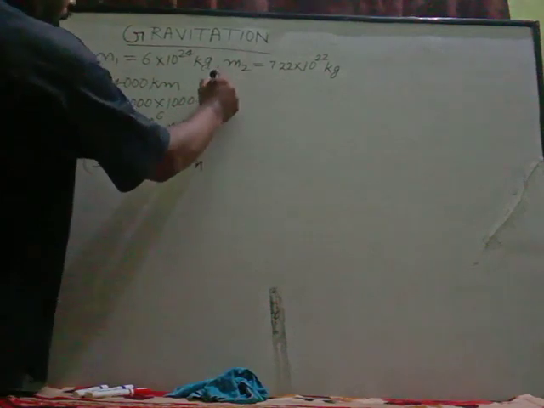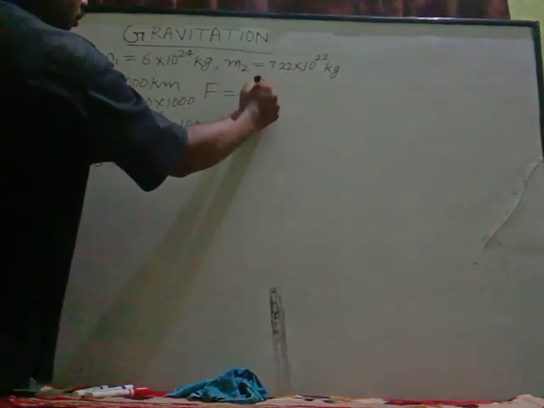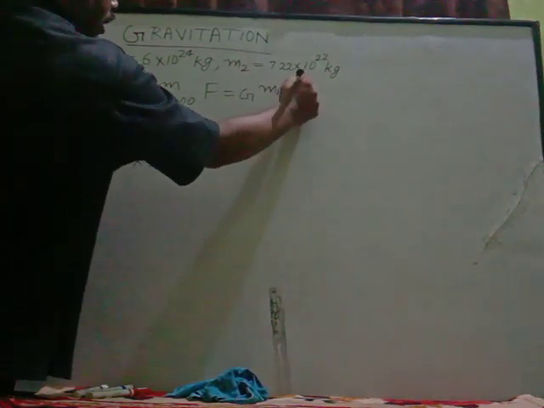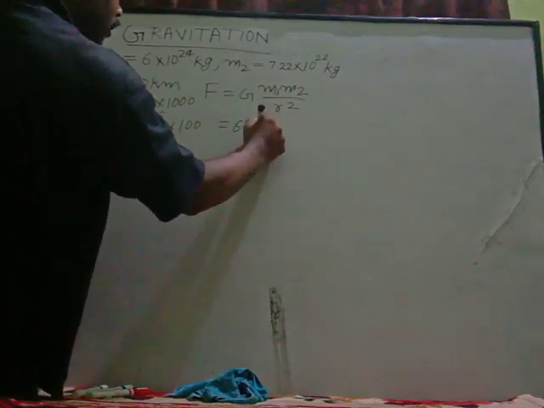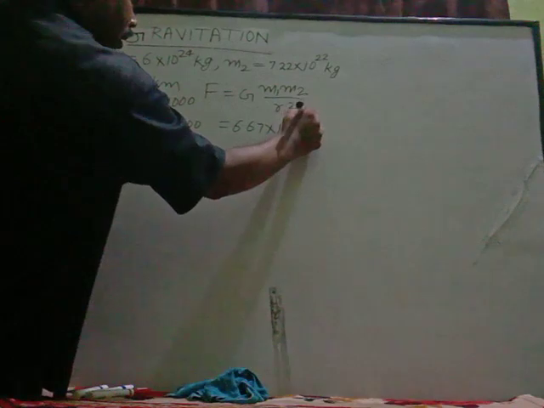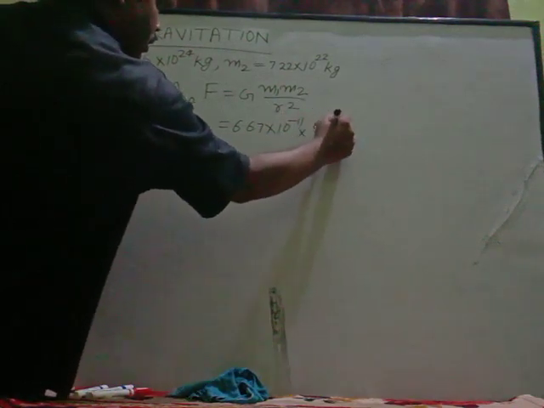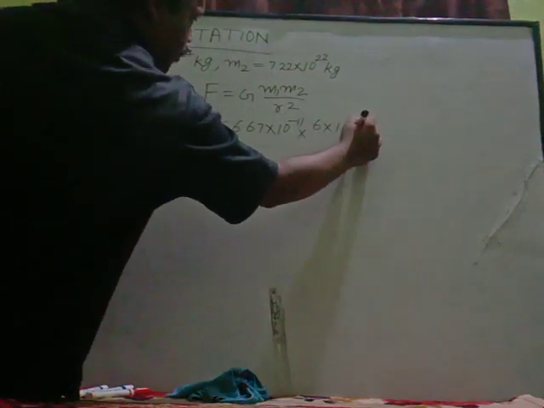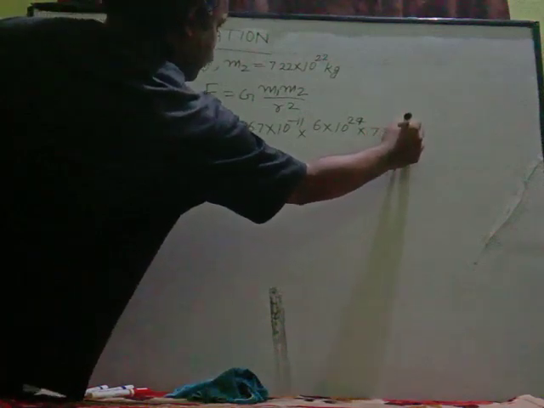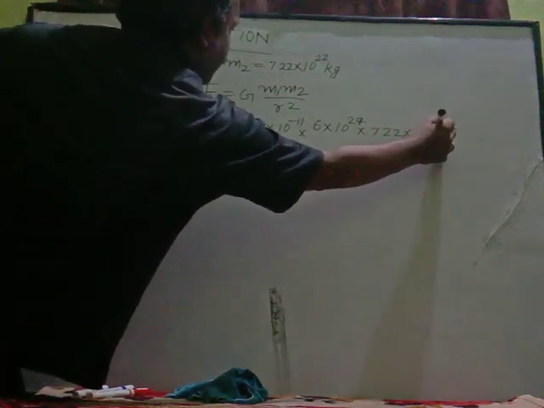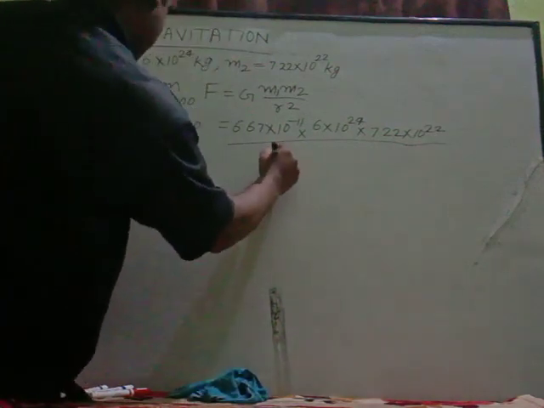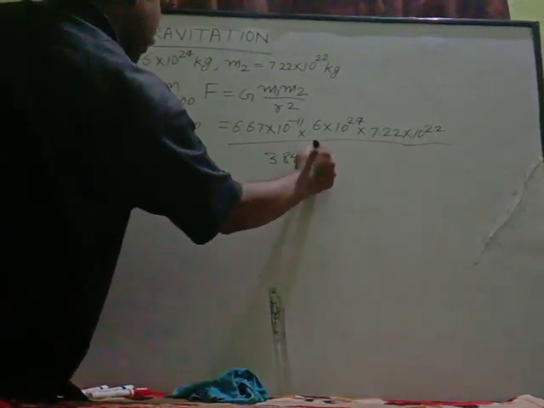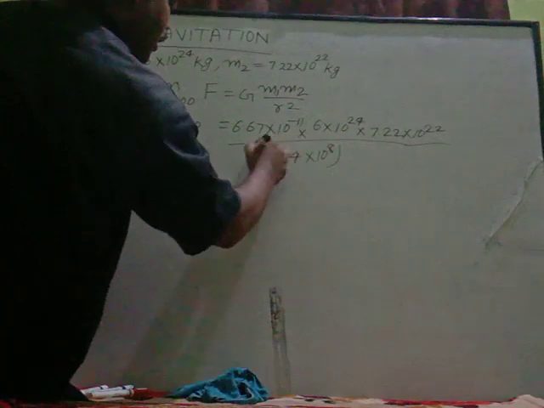Use F is equal to Gm1 m2 by r square. So 6.67 into 10 to the power minus 11 into 6 into 10 to the power 24 into 7.22 into 10 to the power 22, divided by 3.84 into 10 to the power 8 whole square.